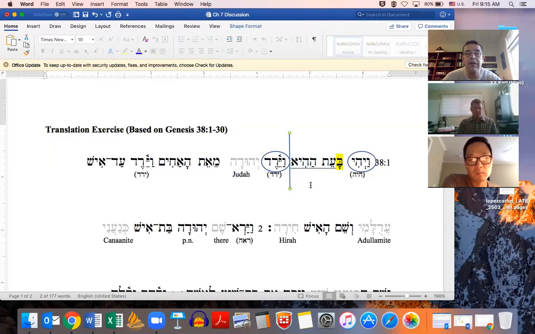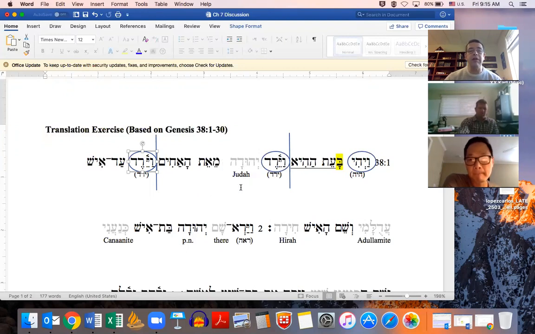So I've got a clause break here, and how do I know that it's a clause break? There's a verb in front of the verb consecutive. Okay, good. So I've got another verb, so I know that I have to start a new idea when I get to here. So I can concentrate on my elements in this clause.